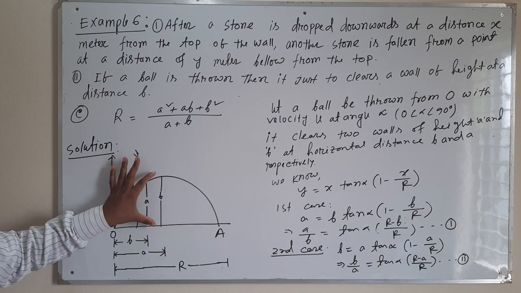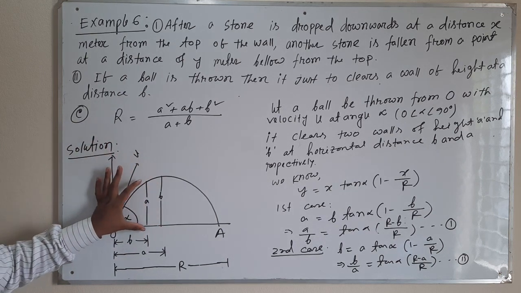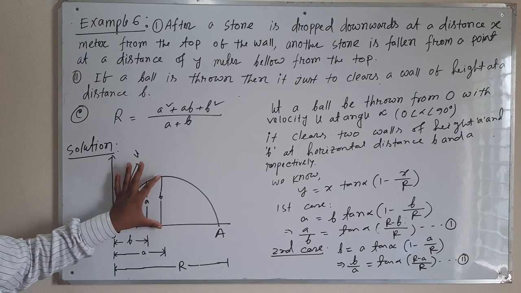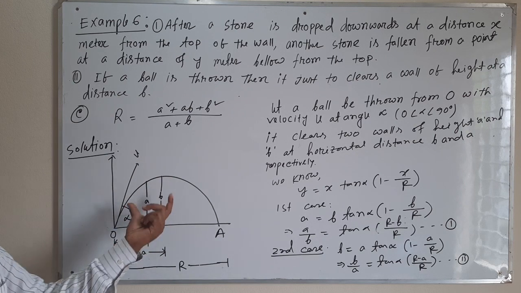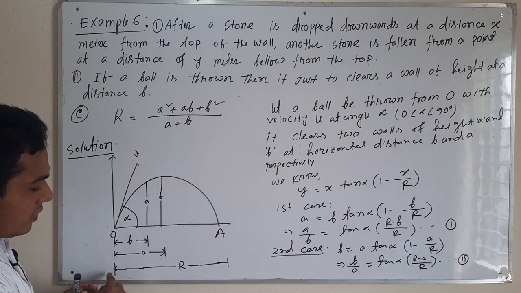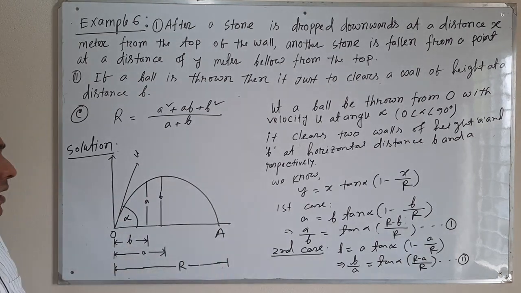If the height of the wall is b, this is from the question C, then the horizontal distance is a, and for the two cases the horizontal range is R, and we have to prove this.